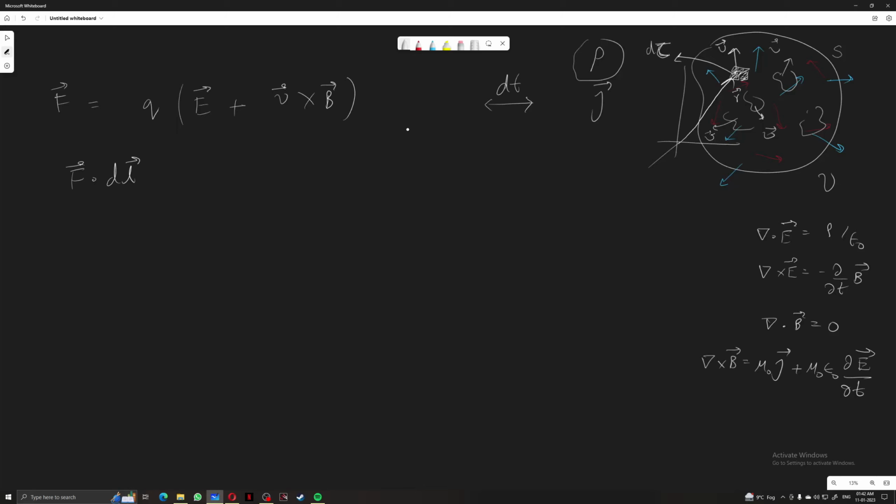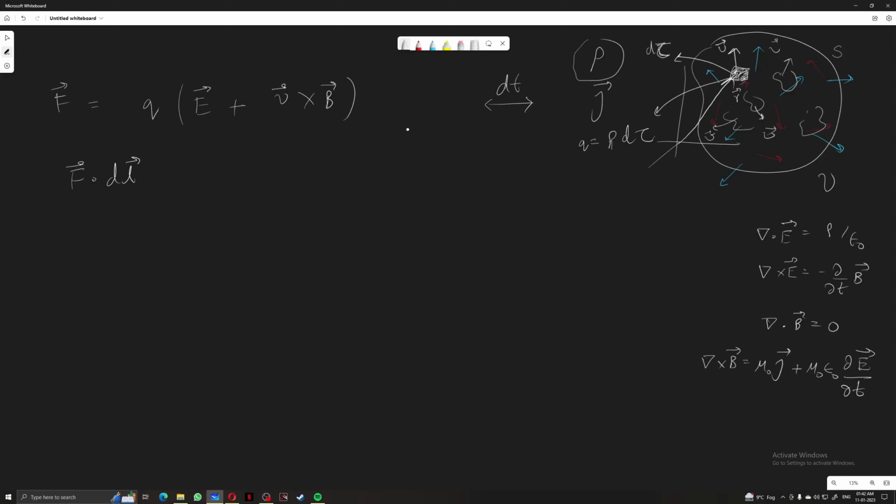So I'll have to calculate q times that electric field, and take the cross product of this v vector and that magnetic field vector at this point, and multiply with the charge. The charge q is just the charge density rho at this point, a function of space and time, times the volume d tau. So this is the charge.